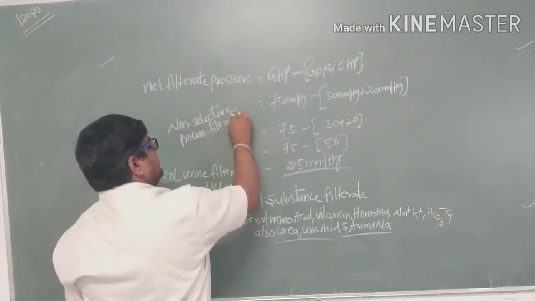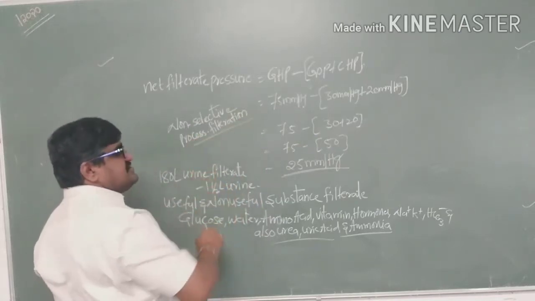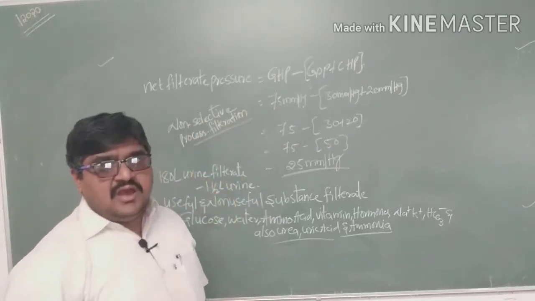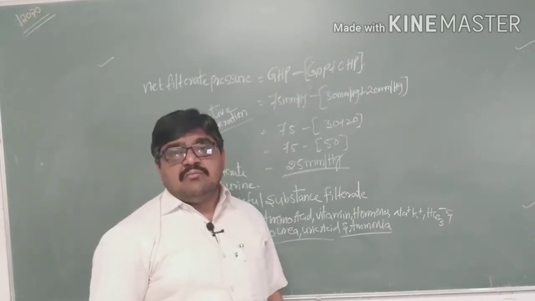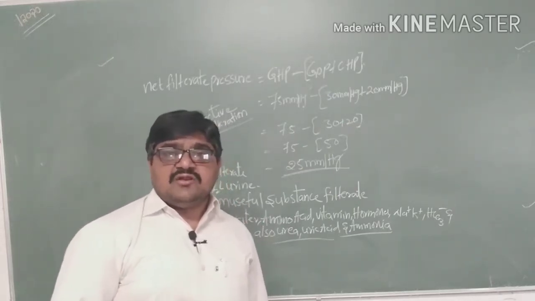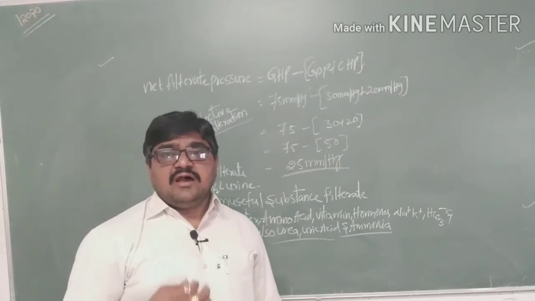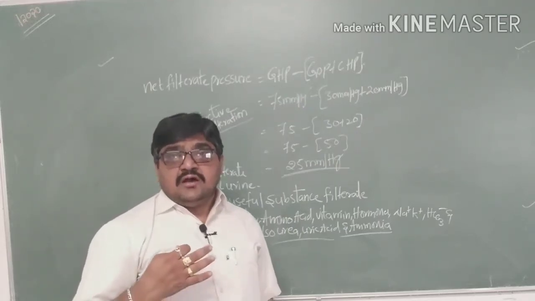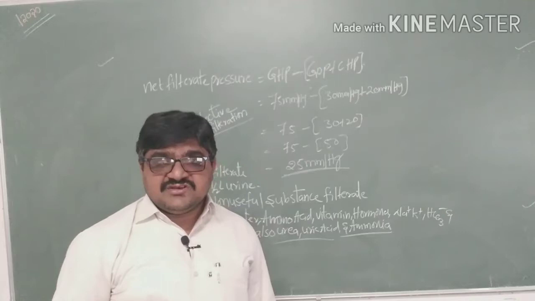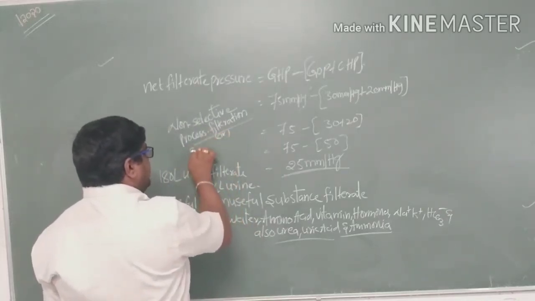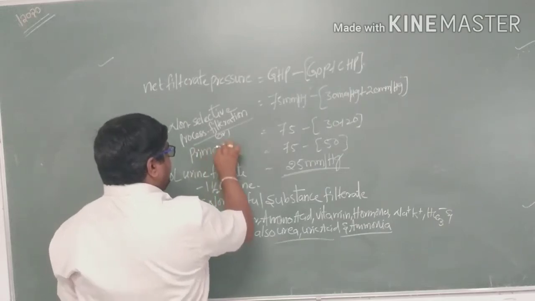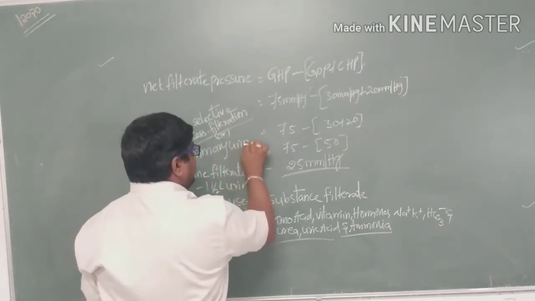Why? Because it does not distinguish between useful or non-useful, essential or non-essential. Both are filtered into the Bowman's capsule from the glomerular blood. So we call it a non-selective filtration, or otherwise the primary urine.